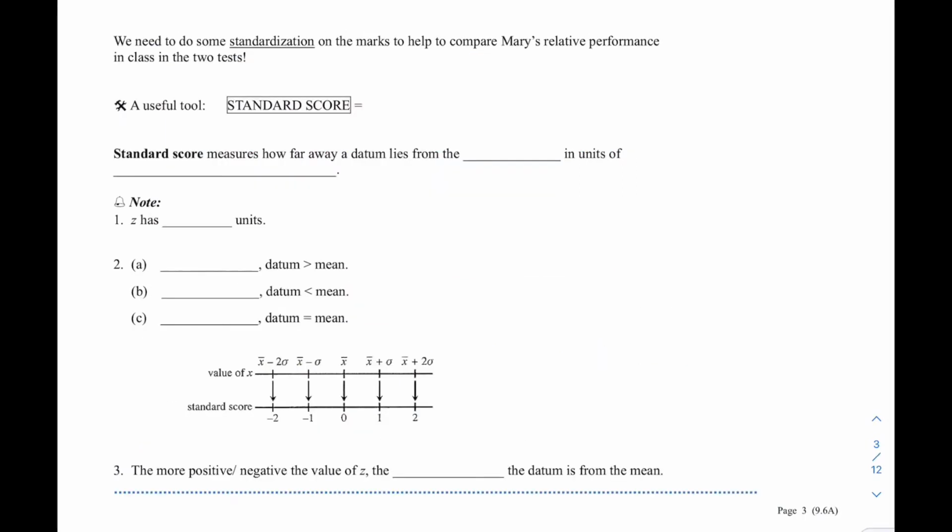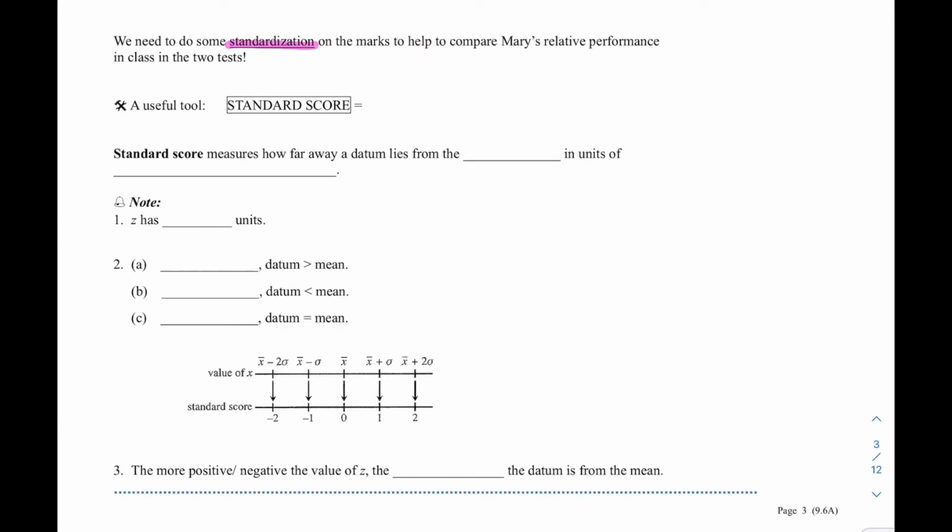From the warm-up activity, we see that in order to compare a datum with the data sets in different groups or in different aspects, we have to do some standardizations on the marks to help.